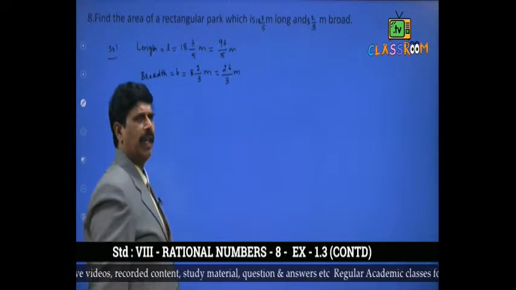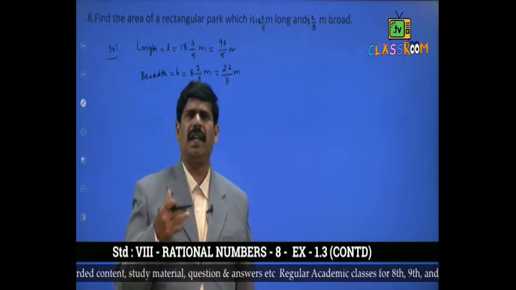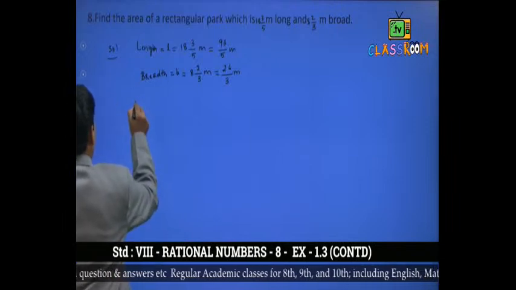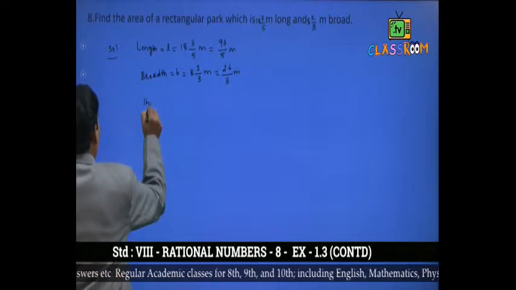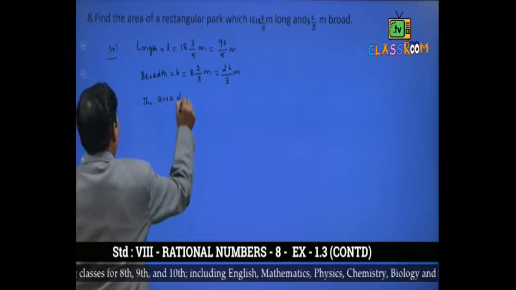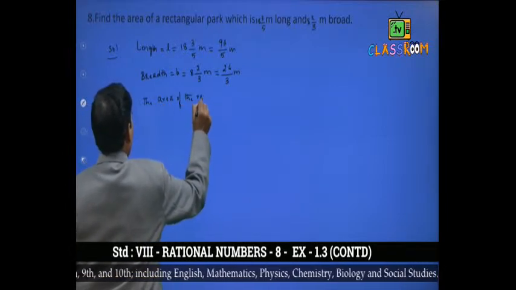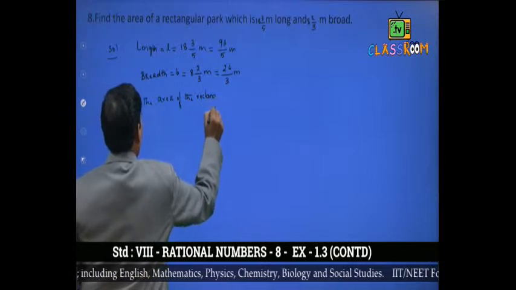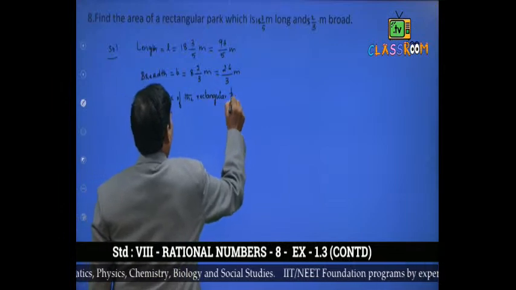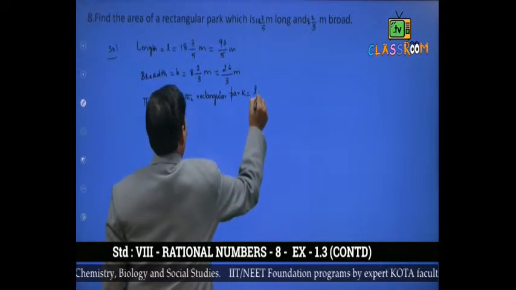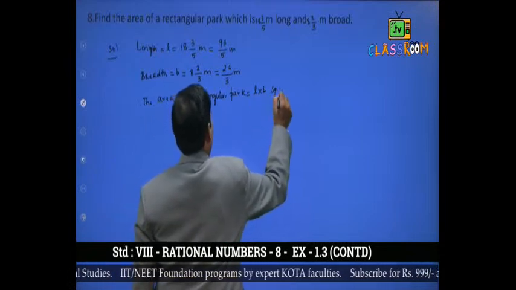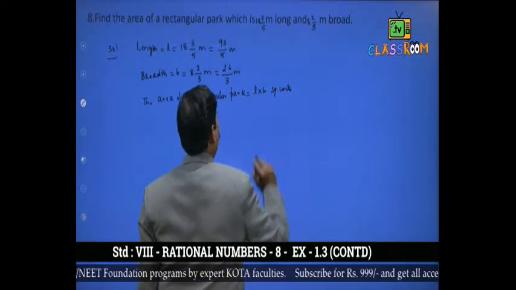So now he wanted the area of the rectangular park. Therefore, the area of the rectangular park is equal to length into breadth square units. As it is the area, the units are square units.